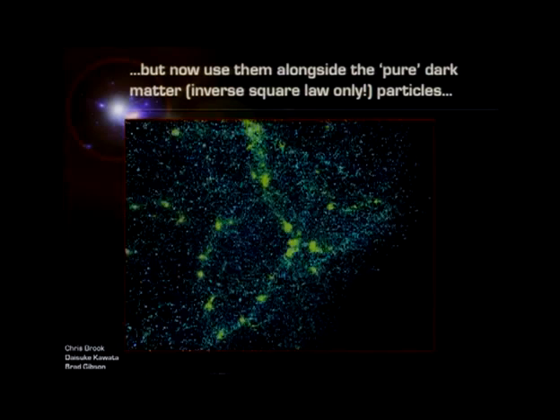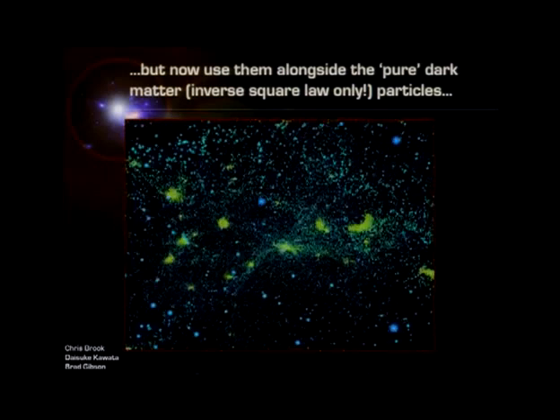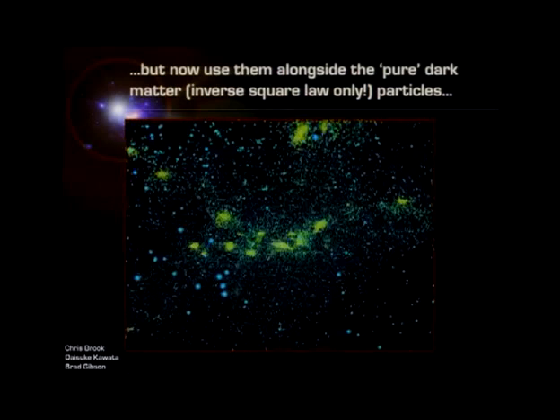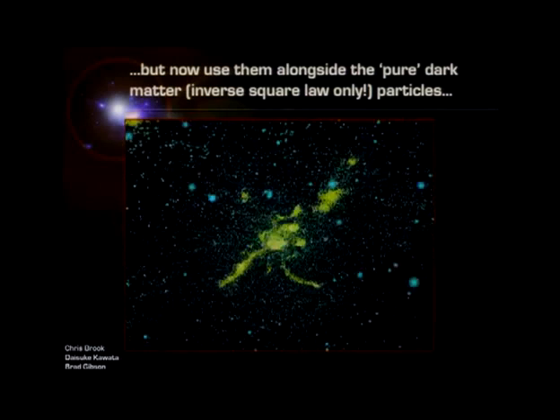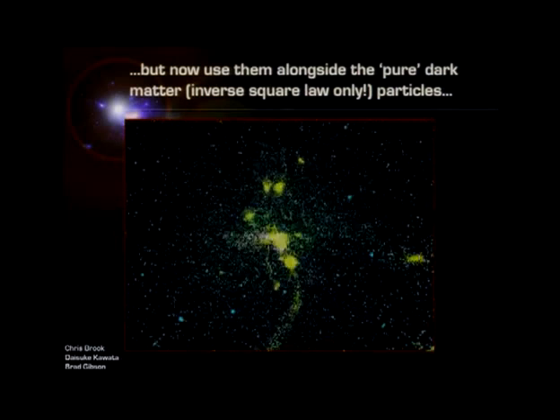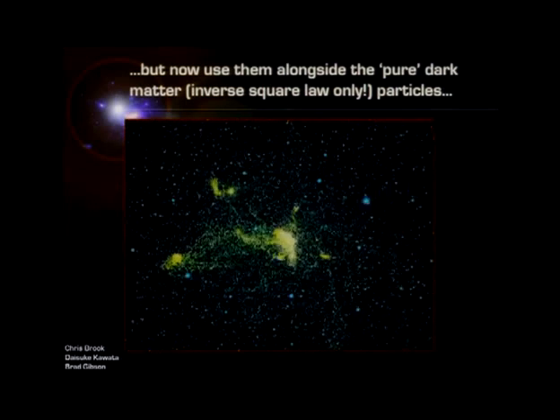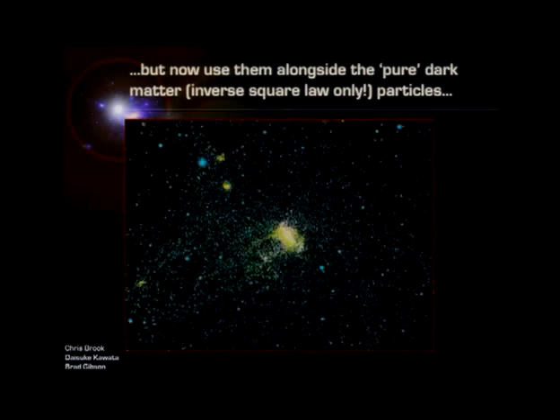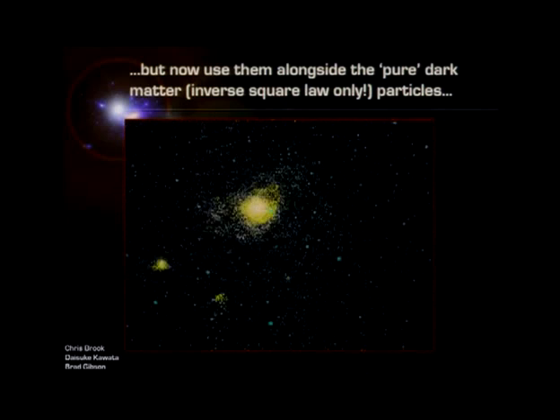This is one of our first attempts to merge gas particles which obey not only the inverse square law, but the gas can also be thought of as a fluid that feels viscosity. So there are other forces that the gas particles feel that the dark matter particles do not. In this particular simulation, these big blue ones are dark matter particles. They move around, they obey the inverse square law of gravity, but they don't do anything else.